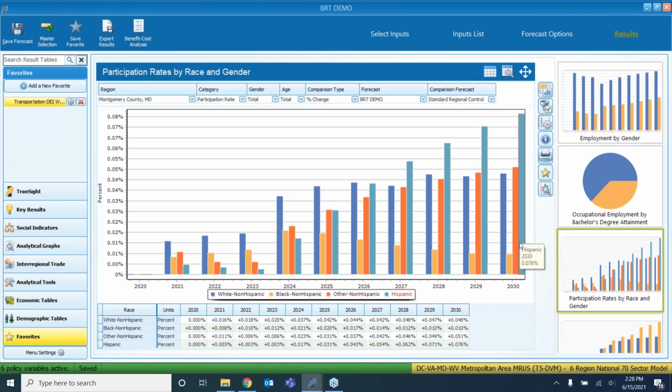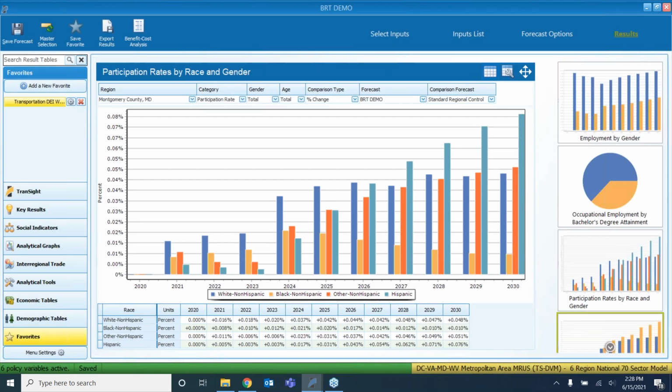And we even see more and more dramatic increases, especially for the Hispanic population and the other non-Hispanic population. We can think about how adding this transportation route basically created an additional amenity to living in the area. So it increased the appeal of living there, and probably attracted a good number of economic migrants to the region, which is why we see those greater and greater increases in labor force participation rate.